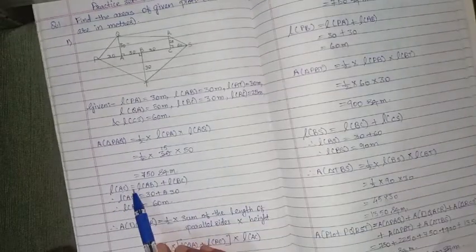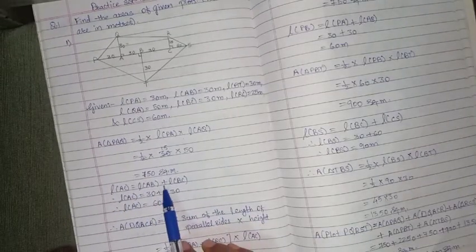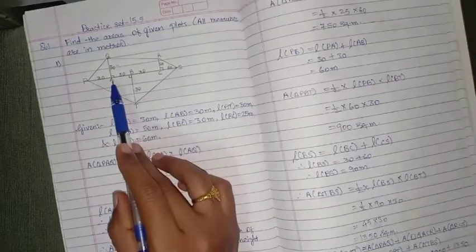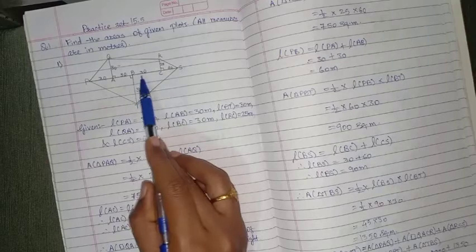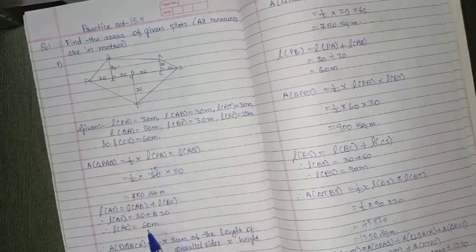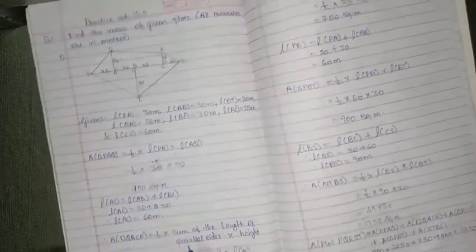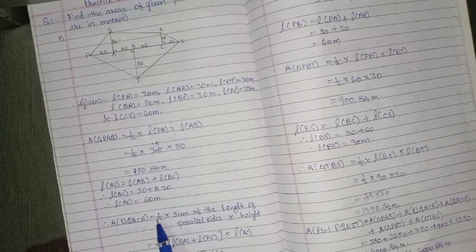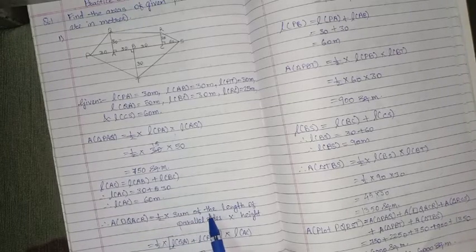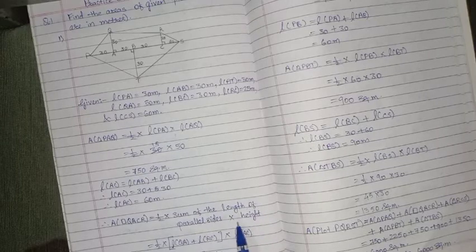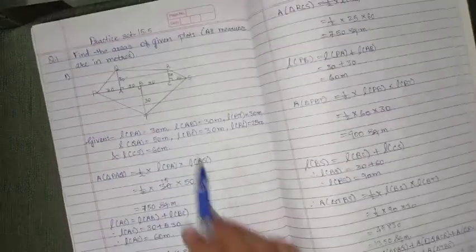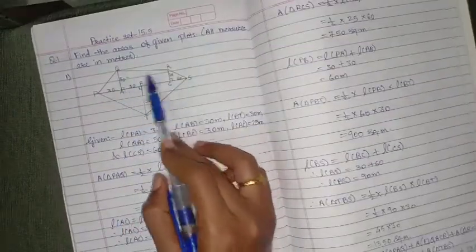Length AC is equal to length AB plus length BC, that is 30 plus 30, so 60 meters. Now the area of quadrilateral QACR is equal to half into the sum of the lengths of parallel sides into height.